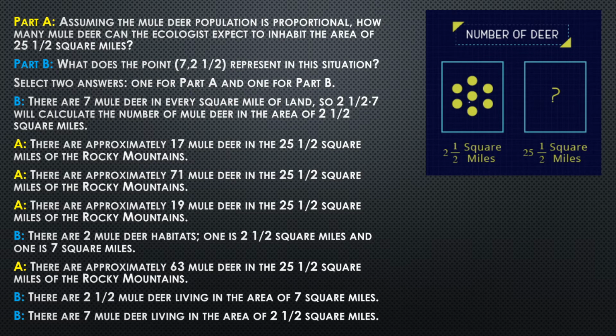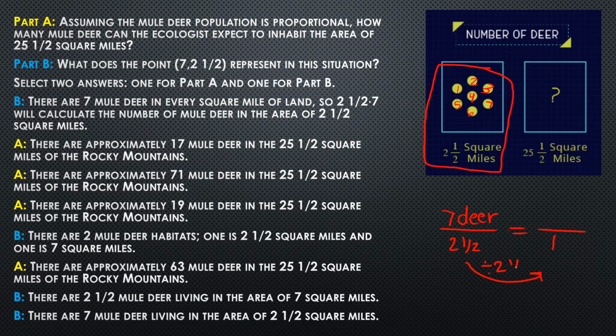If I look at this side over here, I know that in 2.5 square miles there are 1, 2, 3, 4, 5, 6, 7 deer. Okay, so there are 7 deer for every 2.5 square miles. So let's figure out how many deer can live in every 1 square mile.